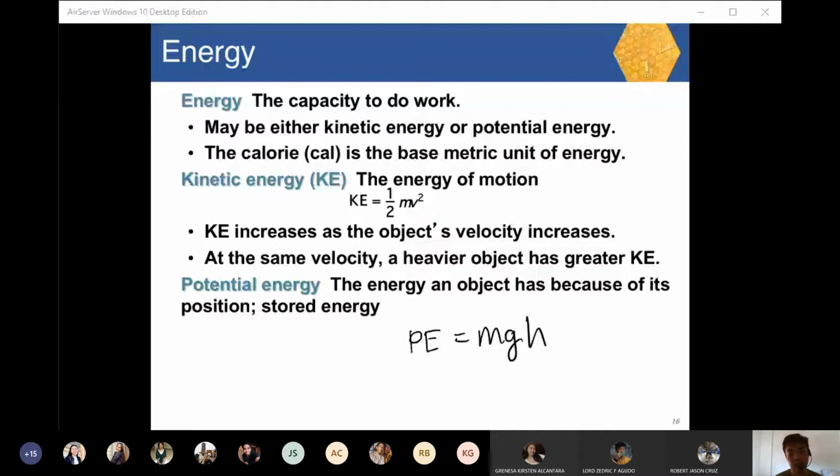We have the kinetic and the potential. When you say kinetic, ito yung energy involved in moving objects. Pag potential naman, steady lang siya, but it still possesses energy because of its mass and the height, displacement of your object in a vertical manner, which is just the height. Pinaganda ko lang yung term.